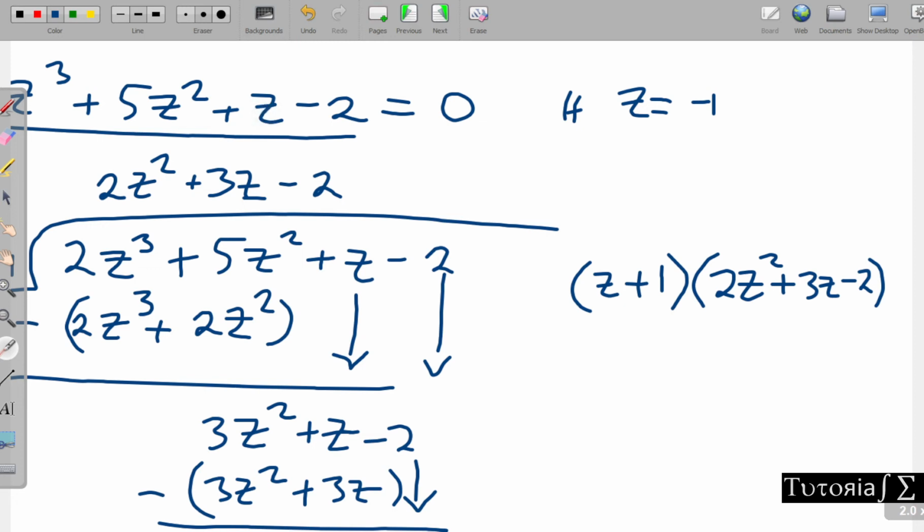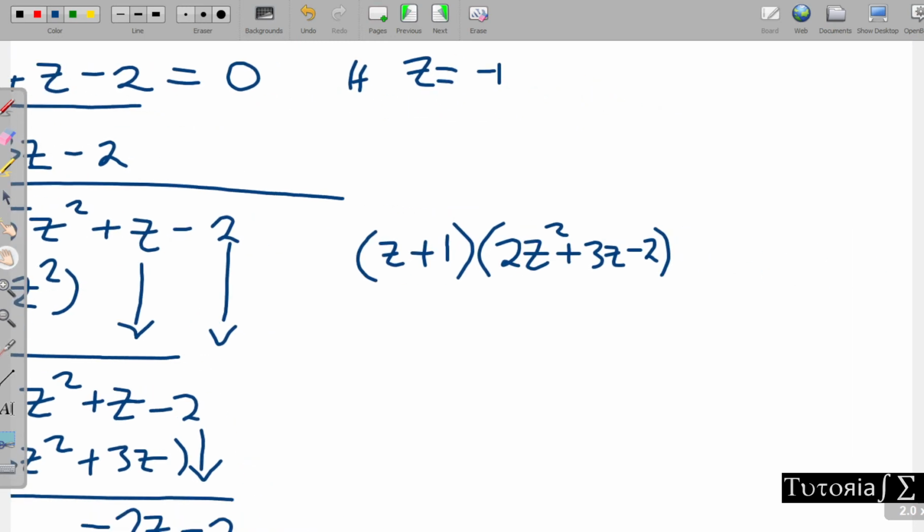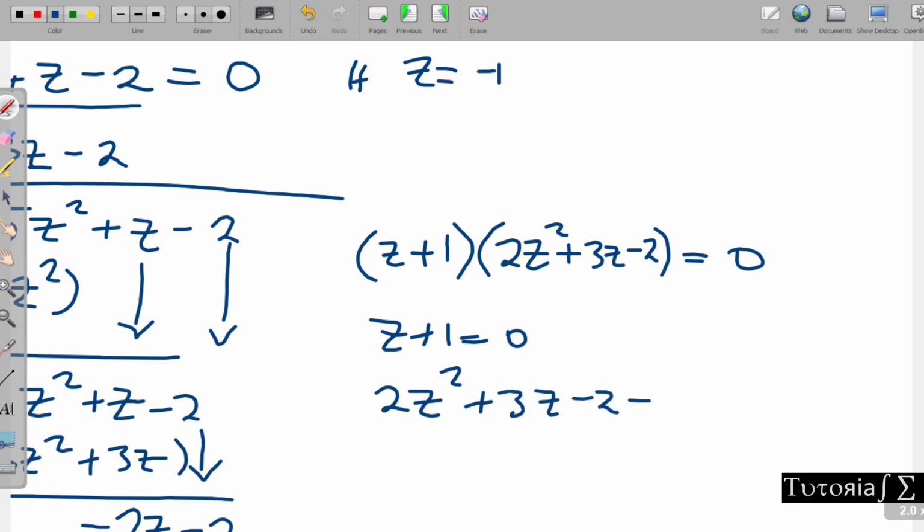Okay, and you just say this is equal to 0. In other words, z plus 1 is equal to 0, and 2z squared plus 3z minus 2 is also equal to 0. Now here you can solve for z. You can use whichever method. Which method are we going to use? You can use product and sum.